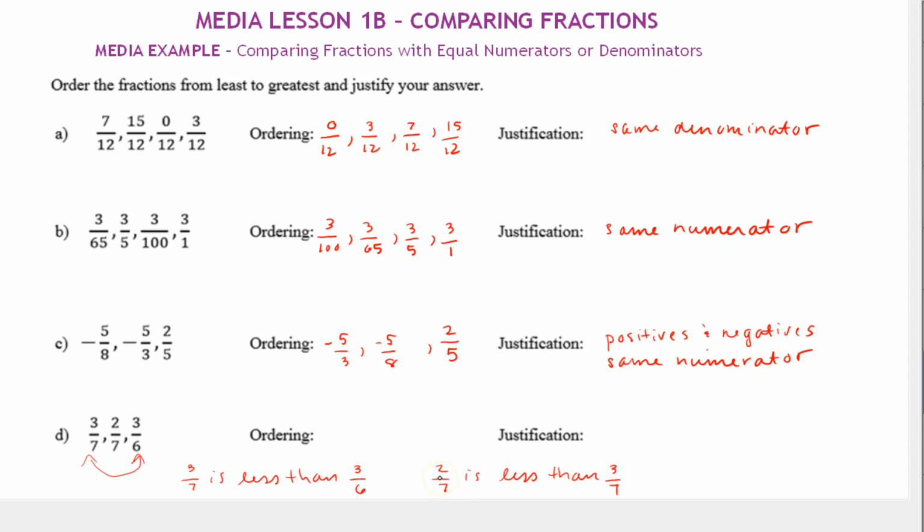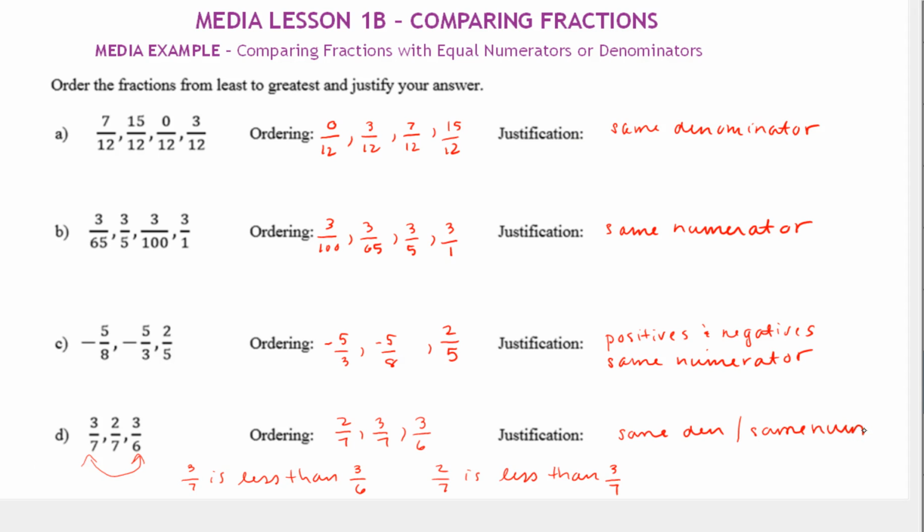So now we actually have all the information we need, because 2/7 is less than 3/7, and we know 3/7 is less than 3/6. So this gives us our ordering, and we use both the same denominator method and the same numerator method.